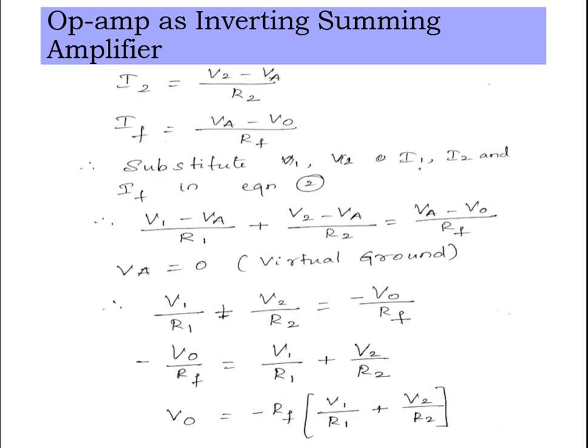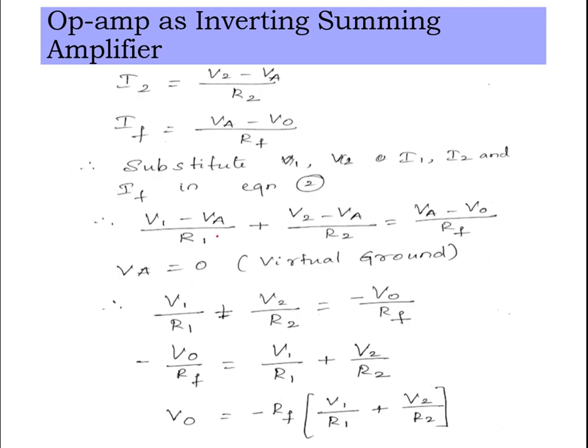Now substitute the values of I1, I2 and IF in equation number 2. Substituting, we will get V1 minus VA divided by R1 plus V2 minus VA divided by R2 is equal to VA minus VO divided by RF. With the help of the virtual ground concept, we know that VA becomes equal to 0.